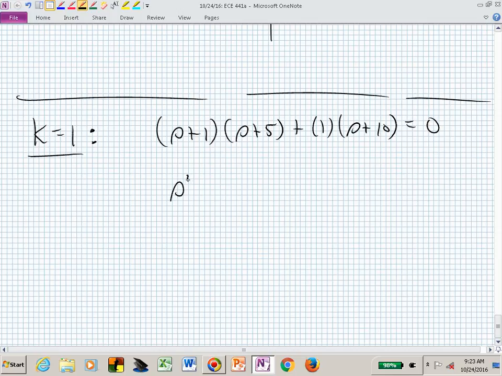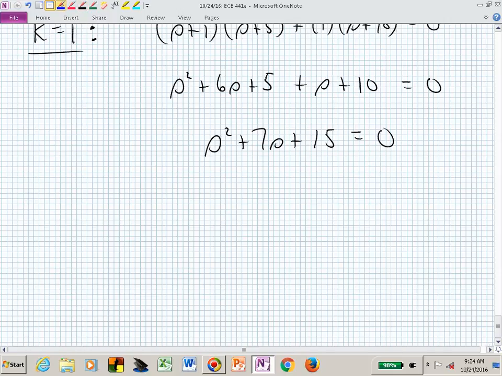We now have the same result of multiplying the first two terms, and we end up with different values coming in from the zeros contribution. And we now end up with s squared plus 7s plus 15 equaling 0.